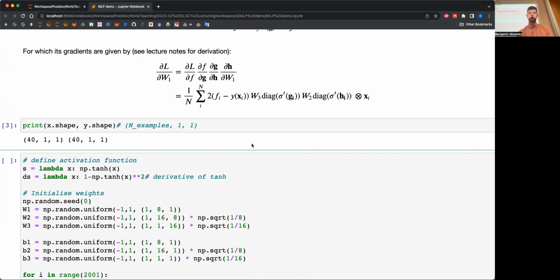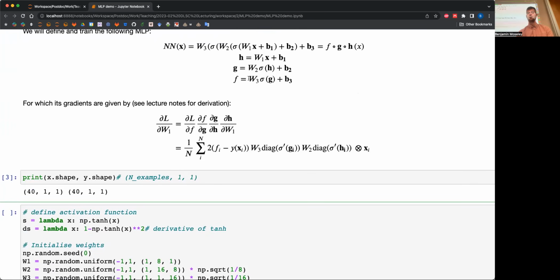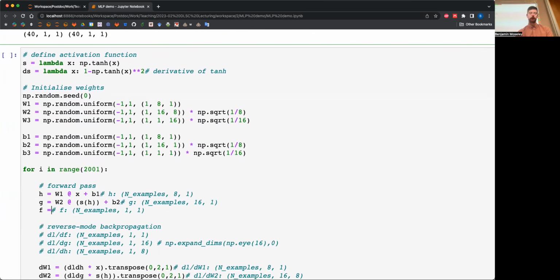And then the same thing for F. This time we're not going to use activation for the final output of the network, but it looks the same as G. So we just pass this through G like this, plus B3.